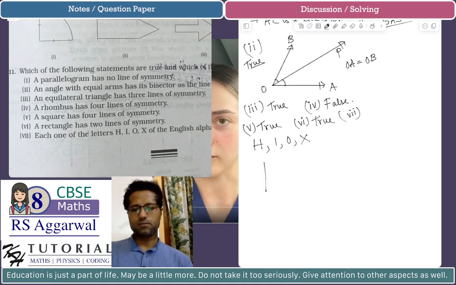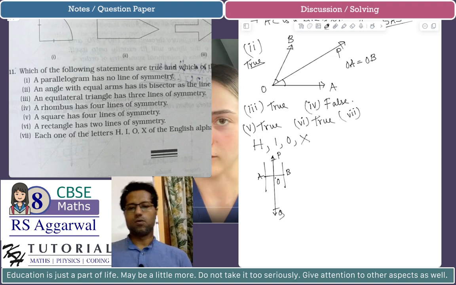Now H is something like this. So definitely one line of symmetry will be, if this is AB, the perpendicular bisector of AB, that is this line. Let's say this is PQ and this is O, where AO is equal to OB, and this is perpendicular.